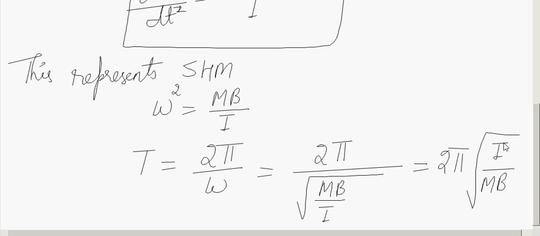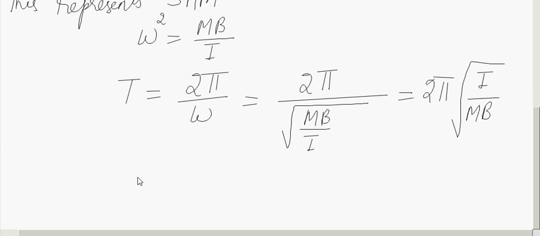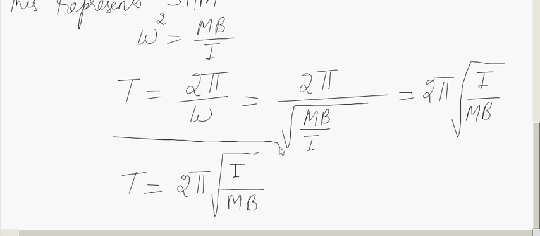So the time period of the simple harmonic motion is given by T is 2 pi into square root of I divided by mB.